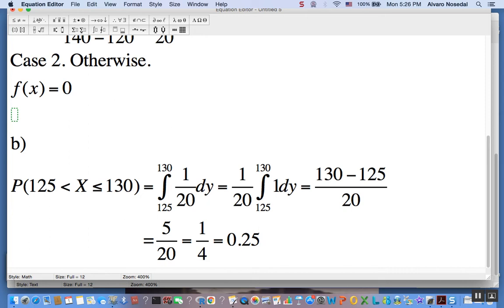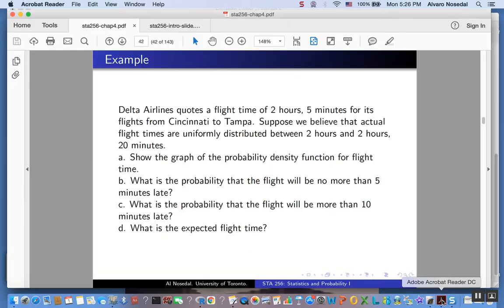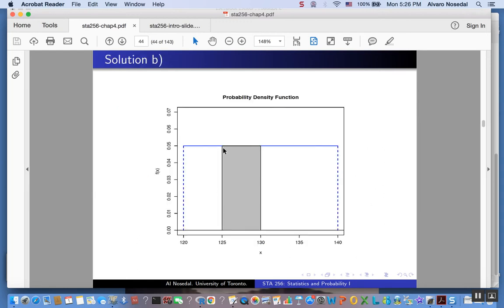Now let me show you something interesting that I prepared for you. As you know, the integral is the area underneath a curve. So in this case, when your PDF looks like a horizontal line, what you want is just the area of that rectangle.